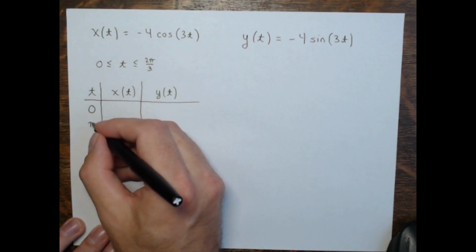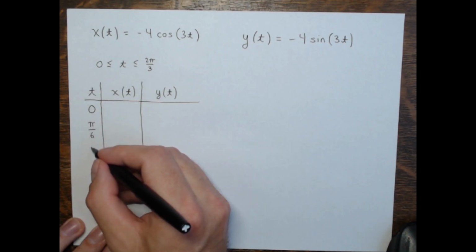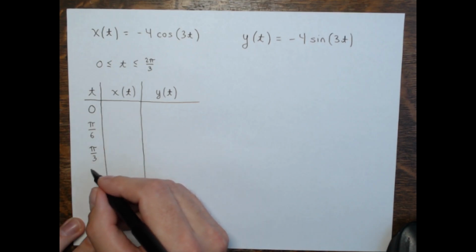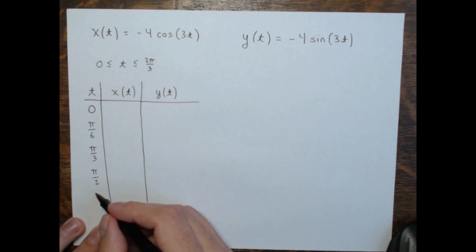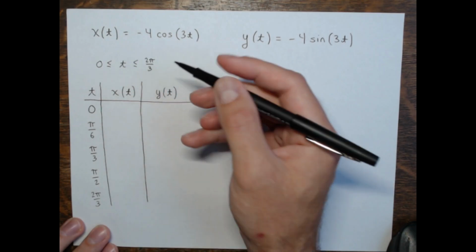All right, so I'm going to go pi over 6 after that, then 2 pi over 6, which is pi over 3, then 3 pi over 6, which is pi over 2, then finally 4 pi over 6, which is 2 pi over 3 when reduced, and that's where I'm going to stop, because that is the upper value on the range of t here.